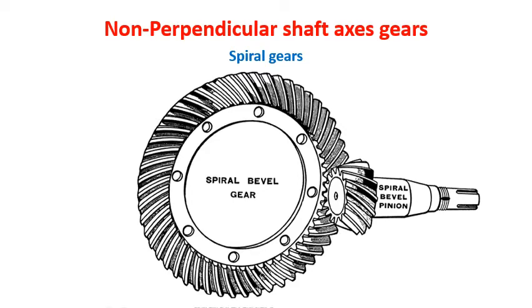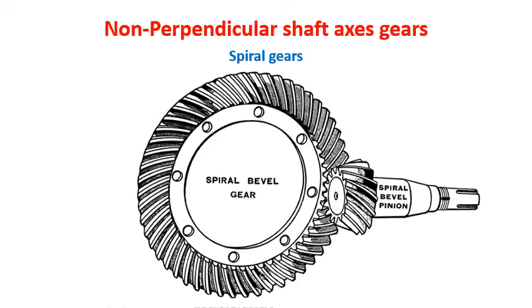Hypoid bevel gears are similar to these spiral gears. So what are its applications? In differential gear drive systems, we use these spiral bevel gears. What are its advantages? It can transmit the motion between two intersecting shafts, and they are available in various sizes.